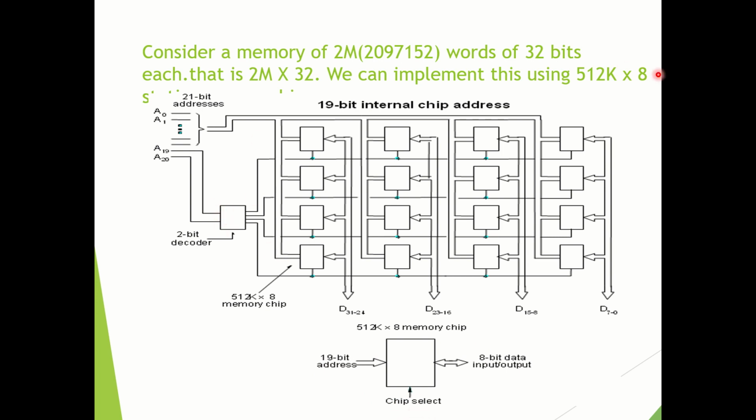We said that this is a larger memory organization, and here a number of smaller memory chips are there. In order to activate a particular chip, chip select is needed, which is generated by the 2-bit decoder. The lower order 19 bits can address any of the locations in the corresponding chip, and the higher order 2 bits are given to a 2-bit decoder, which works as the chip select and selects a particular row.